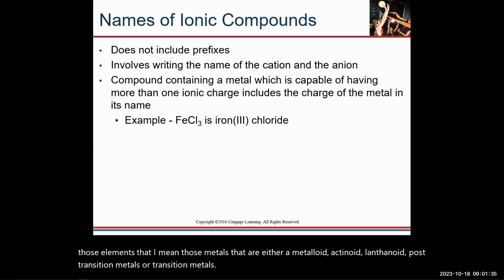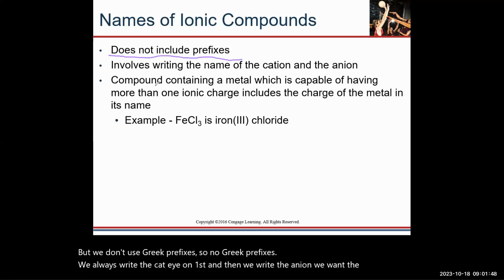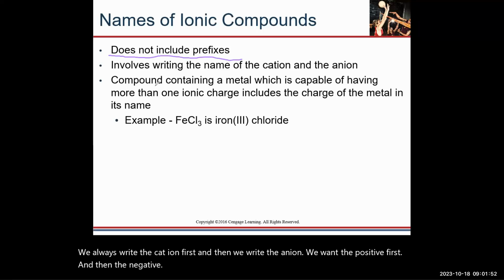But we don't use Greek prefixes, so no Greek prefixes. We always write the cation first, and then we write the anion. We want the positive first, and then the negative. Okay?